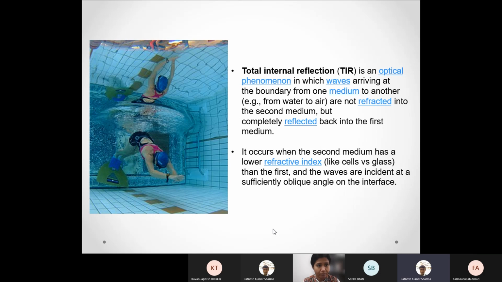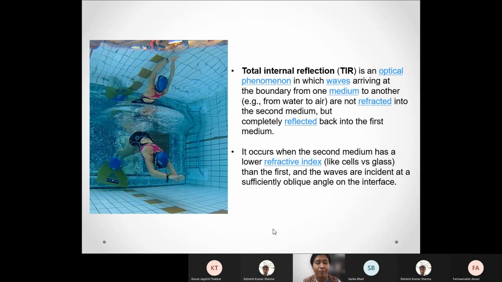It happens when the angle of incidence is more than the critical angle, then the light is completely reflected inside when it goes from a denser medium to a medium which has a low refractive index. So in that case, it happens.